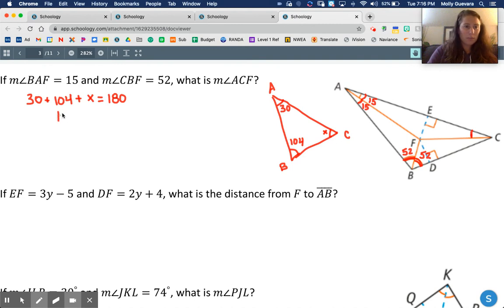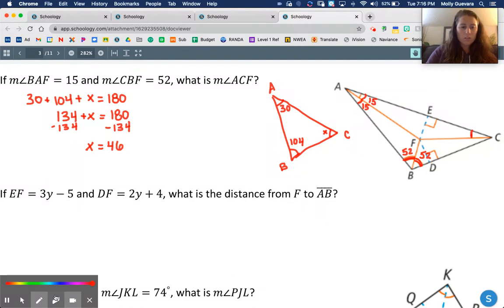So this gets me 134 plus X equals 180. I'm going to subtract 134 from both sides, which gets me X is equal to 46. So that tells me that angle C, all of angle C, is 46 degrees.